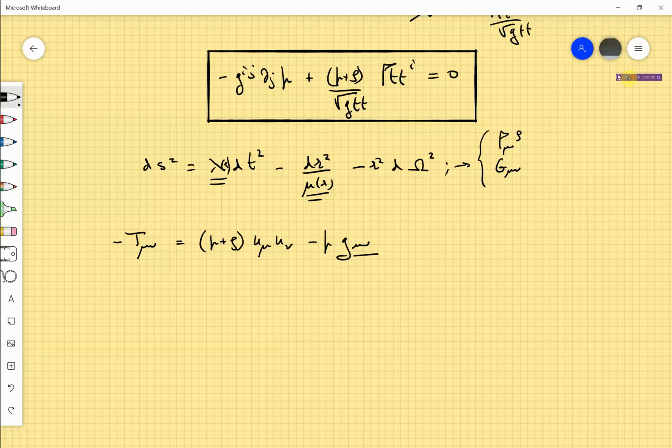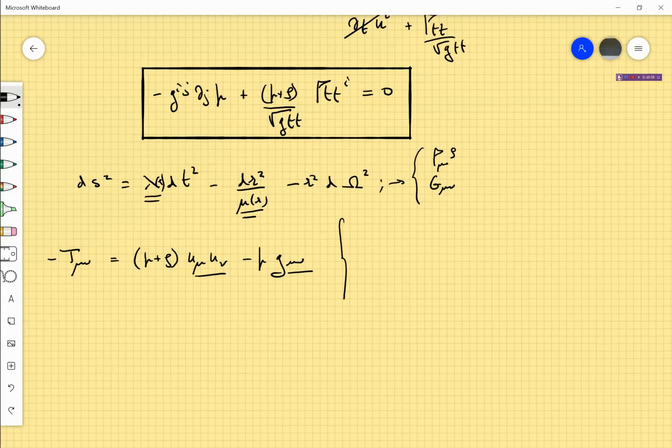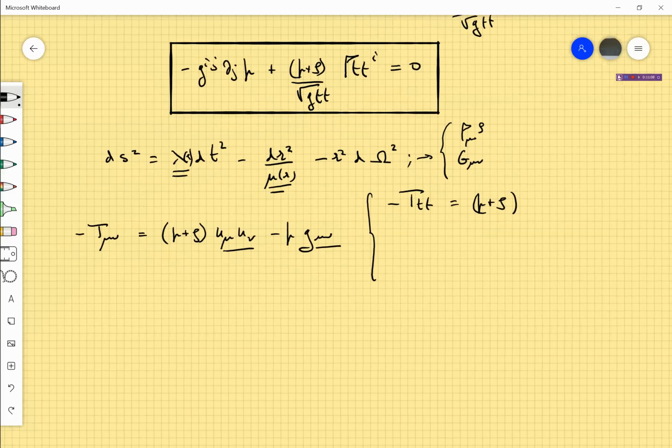Clearly T_{mu nu} is diagonal, and the components that you get are: minus T^t_t is equal to (p plus rho) u^t u_t minus p. So how much is u_mu? u_mu is g_{mu nu} u^nu, and the only possibility is the t component.